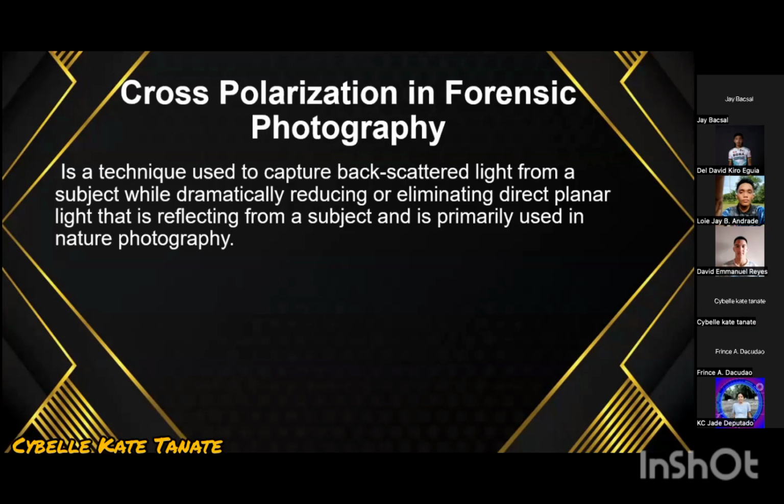Cross-polarization in forensic photography is a technique used to capture backscattered light from a subject while dramatically reducing or eliminating direct planar light that is reflecting from a subject, and is primarily used in nature photography. A polarizing film at the light source and a polarizing filter at the lens, rotating both polarizers opposite each other, further dim light.